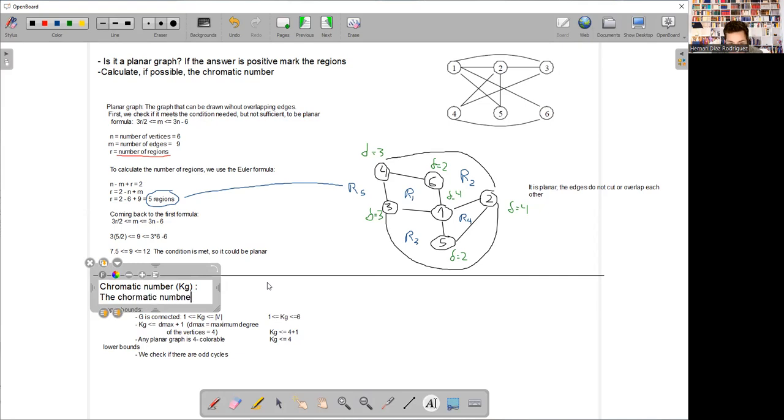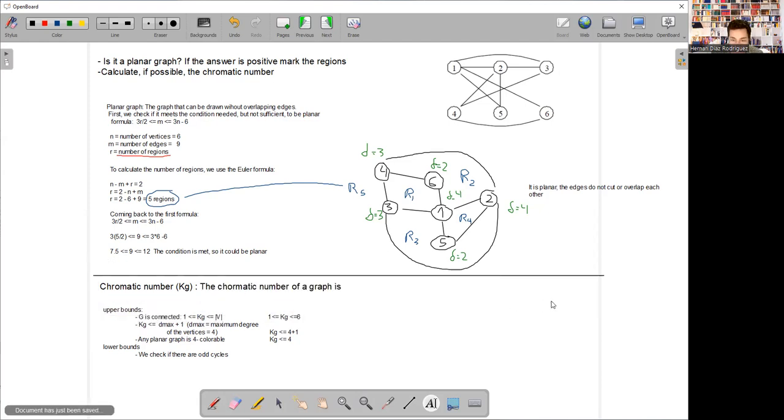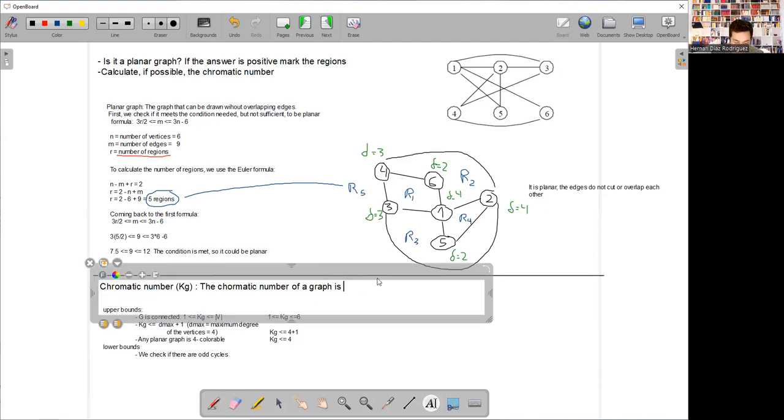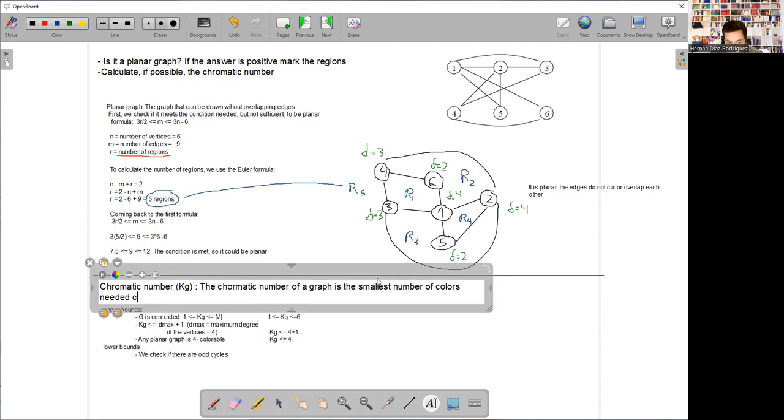The chromatic number of a graph is the smallest number of colors needed to color the vertices of the graph so that no 2 adjacent vertices share the same color.